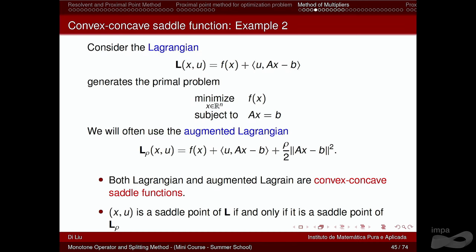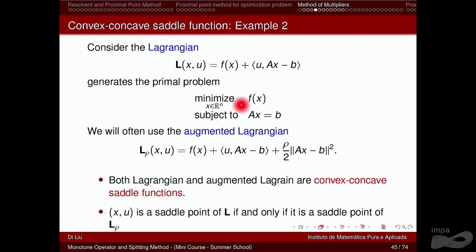Not only this, the Lagrangian, defined by f(x) minus the inner product of u with Ax minus b, is also a convex-concave function. Actually, this Lagrangian is related to the primal problem, or you can say it can generate this primal problem.